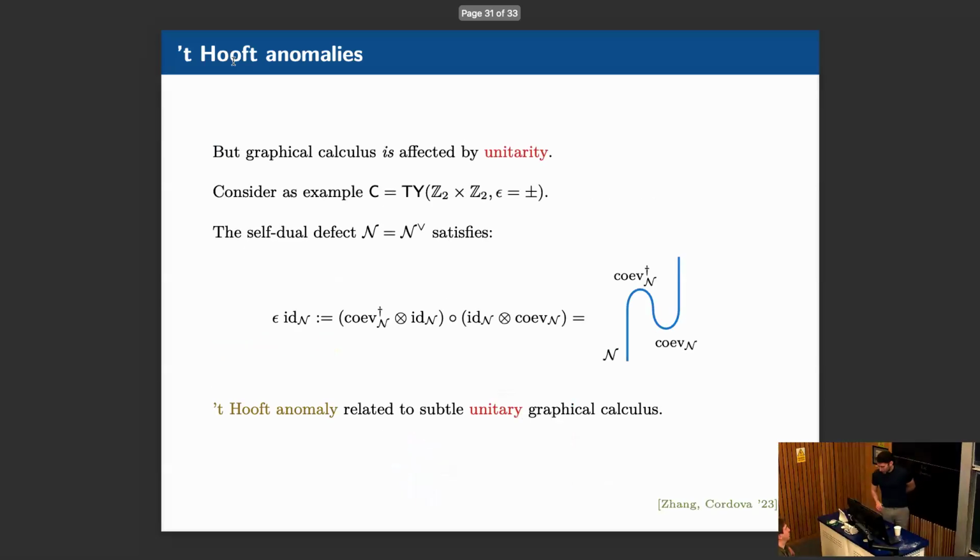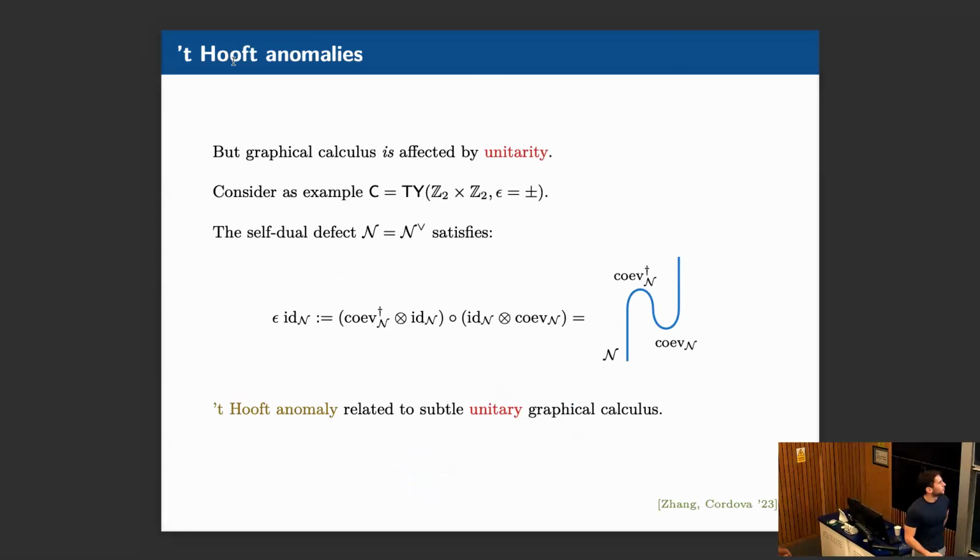And this is something that goes on also for the 't Hooft anomaly of non-invertible symmetries. In particular, take the simplest example which we know is anomalous, say Tambara-Yamagami for Z2 squared. Now let's consider the case where we can have a non-trivial Frobenius-Schur indicator, given by plus or minus.